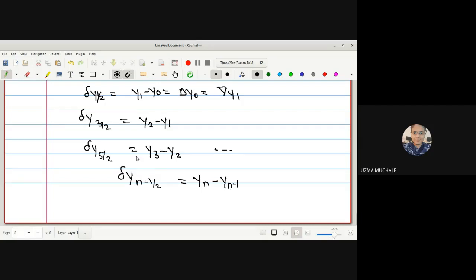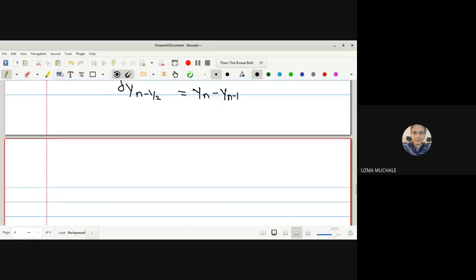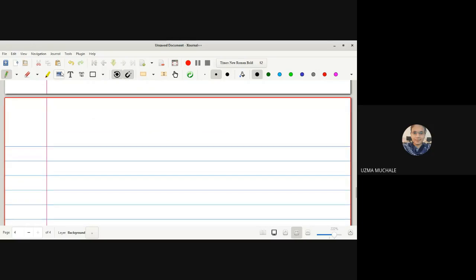And we can also prepare the table for this one. These are values of x and y. Here is delta square, delta cube, and so on. So what will be the table?